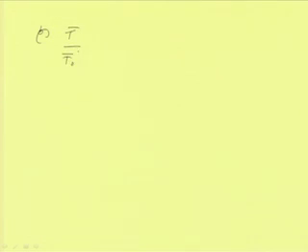There is a plot of this versus 1 by Biot number, and the variable here is r by r naught, which is equal to 1.2 by 2, and this is 0.6.